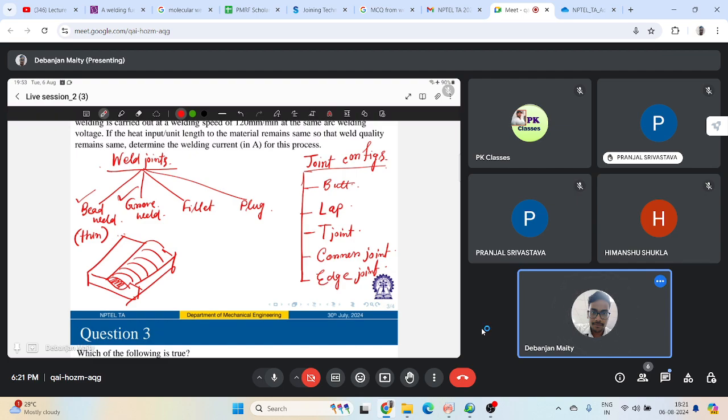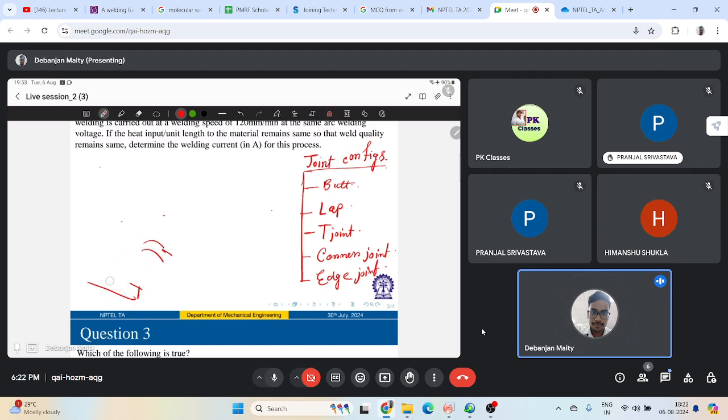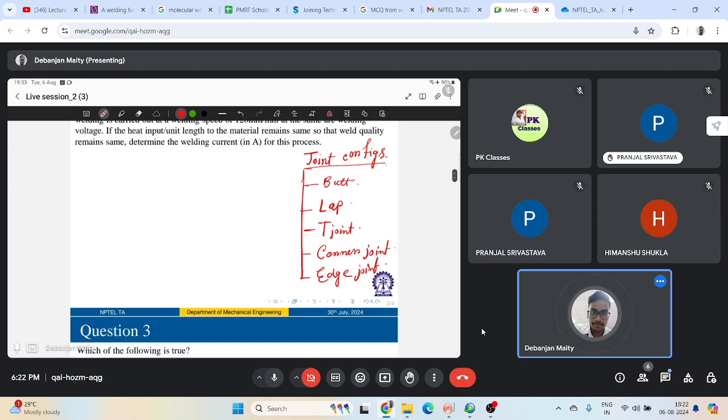So now let me draw something in terms of different weld procedures which are used to produce these weld joints. Can you tell me what this joint will be called? Let me draw first and then try to tell me what this kind of joint can be, right?